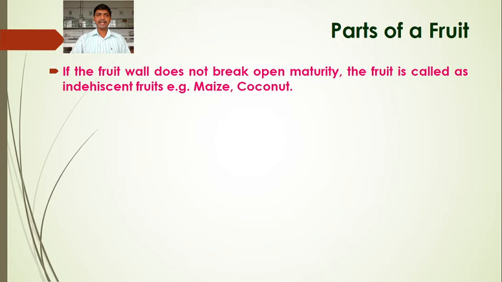These are indehiscent fruits. Okay, so these are again the two types of fruit, dehiscent fruit and indehiscent fruit, on the basis of the nature of pericarp, whether it breaks open or not. When it breaks open and disperses seed, it is dehiscent fruit. When it does not break open at maturity, then it is indehiscent fruit.